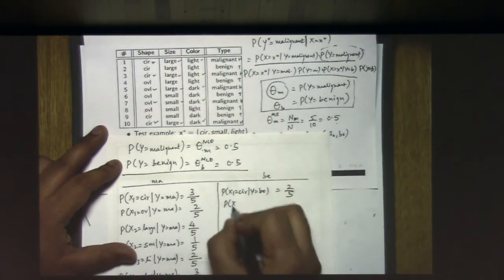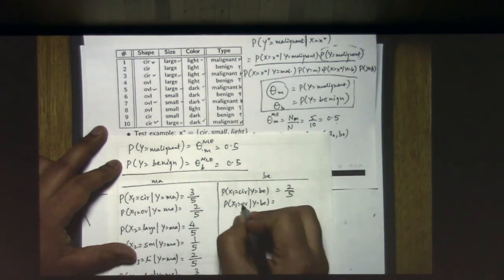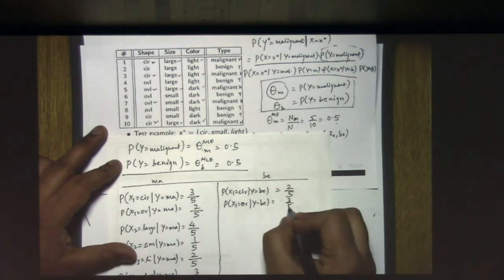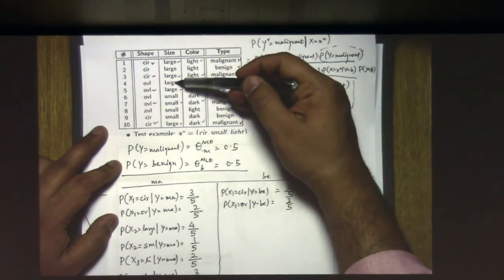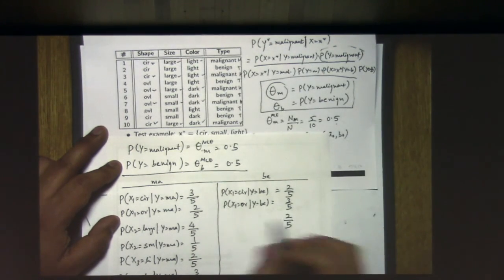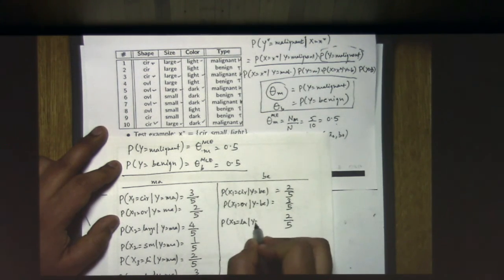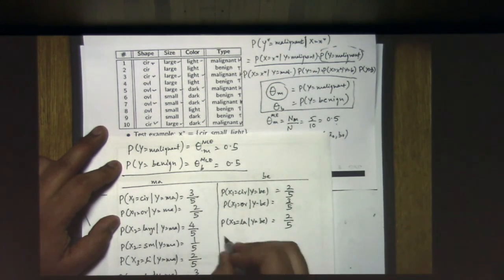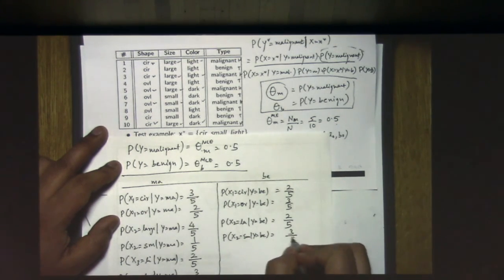And P of x1 equal to oval given y equal to benign will be 3 by 5, right? And then same thing for large, 2 out of 5. And then small given y equal to benign, 3 by 5.